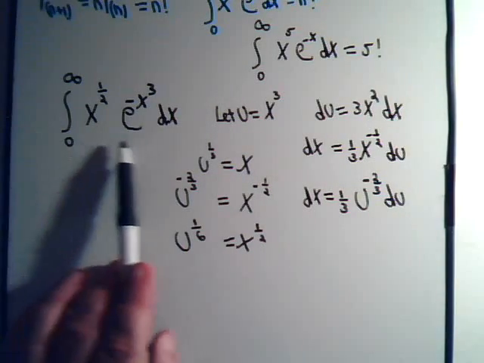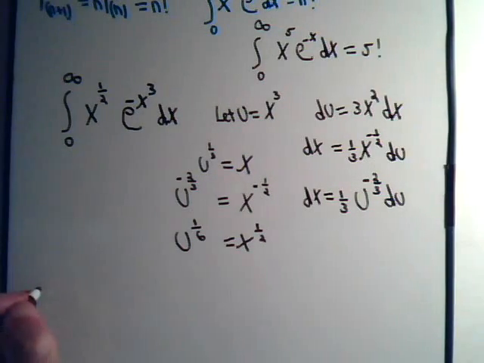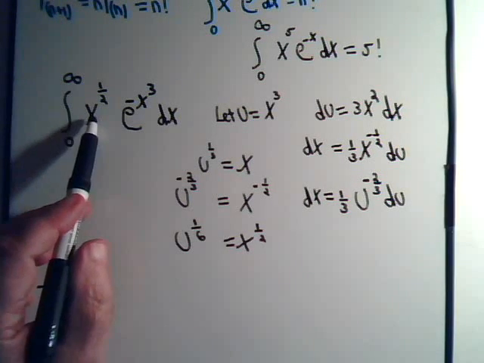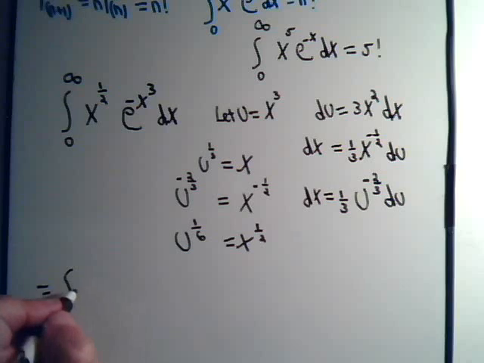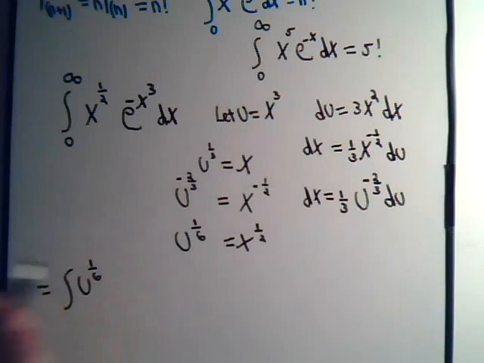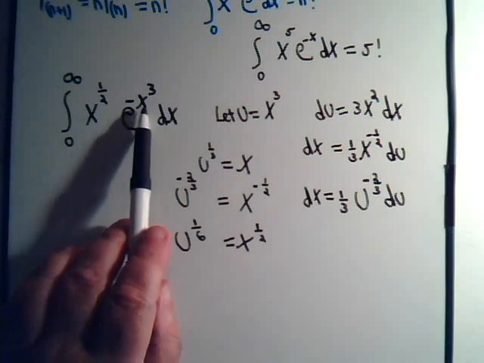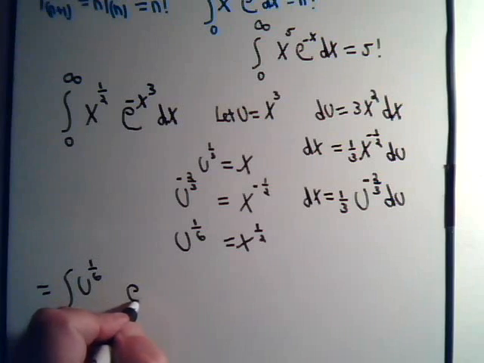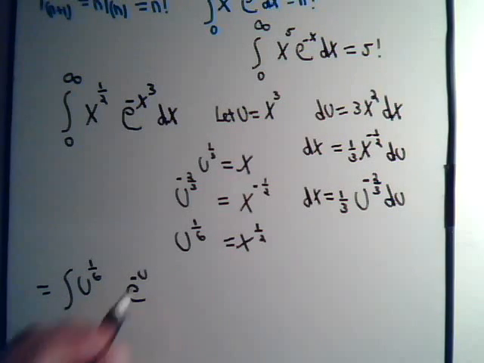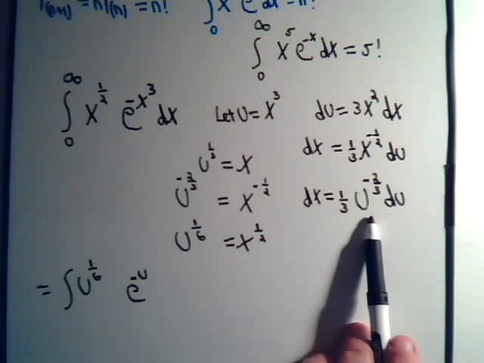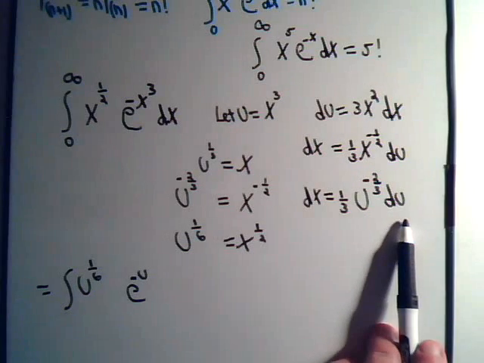So this equation here we can write as: x to the 1/2, that's u to the 1/6. e to the minus x cubed, that's e to the minus u. dx, that's 1/3 u to the minus 2/3 du.